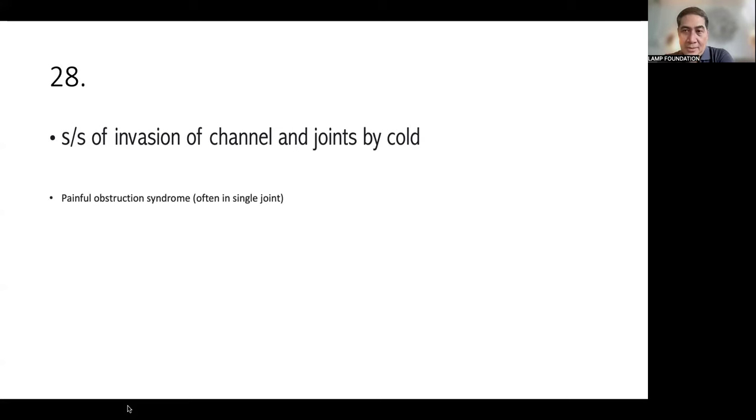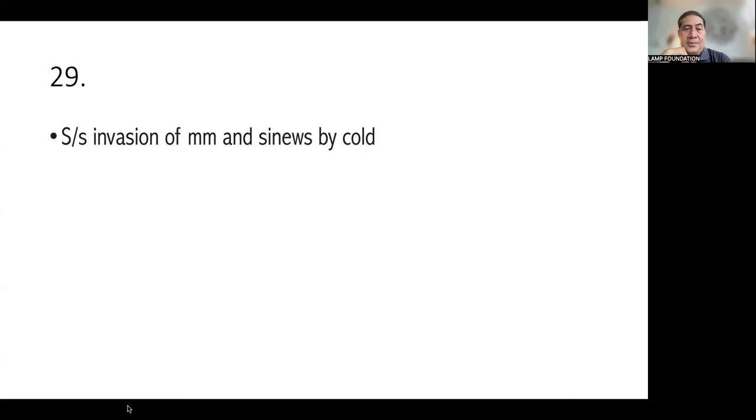You will note that there is channel and joint involvement by cold because only one joint is affected. Okay, only one joint. It's not bilateral.